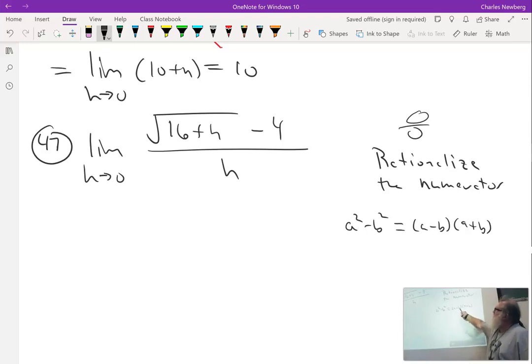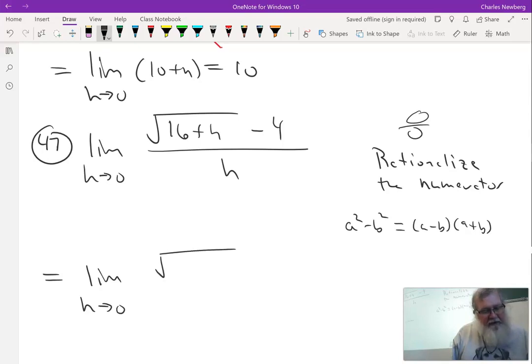So what do I have here? I have an a minus b up in the numerator. What am I missing? An a plus b. So if I do it to the numerator, I must also do it to the denominator. I'll multiply by a form of 1.